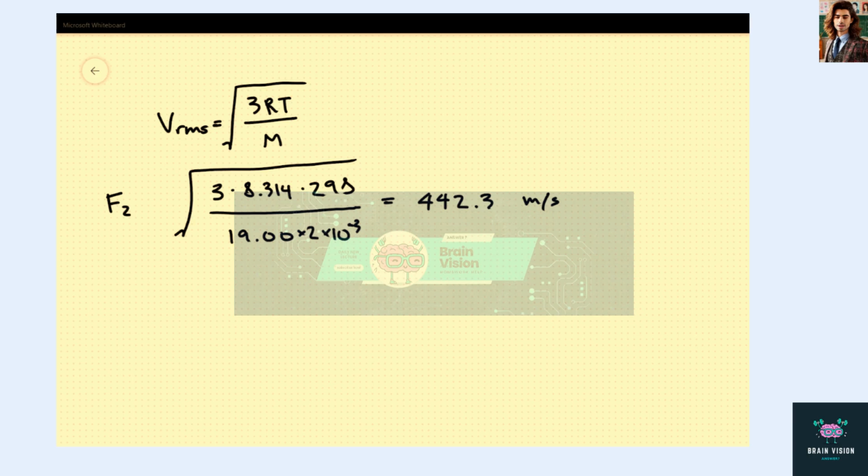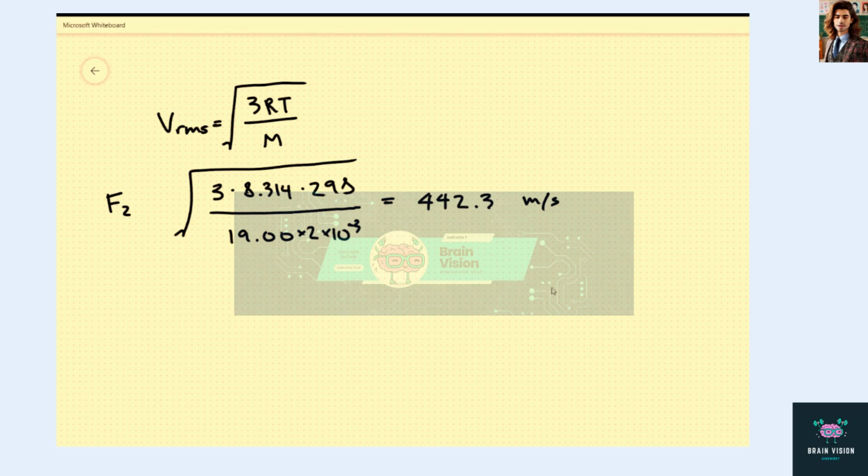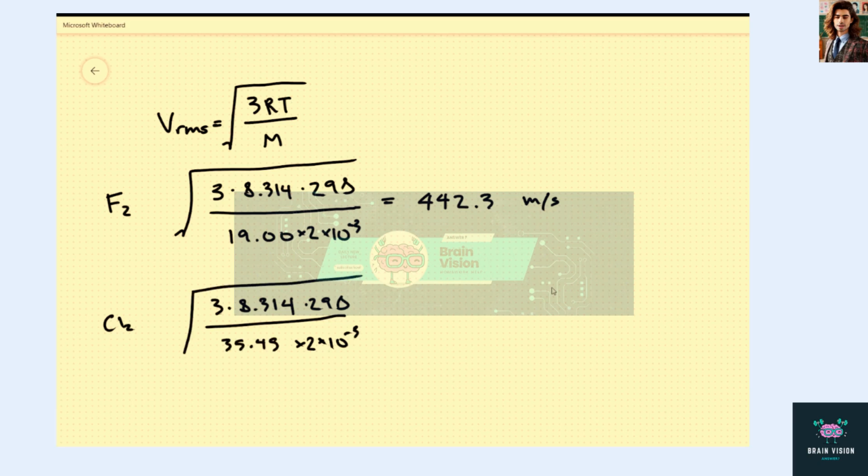And do the same for chlorine. The constants on top are the same. You just change the molar mass, 35.45. You plug that in and you get 323.8 meters per second.